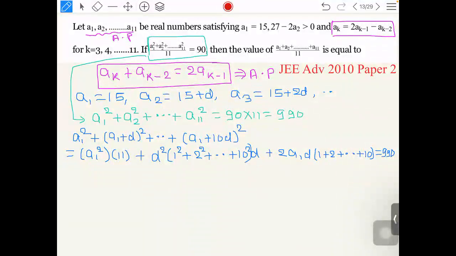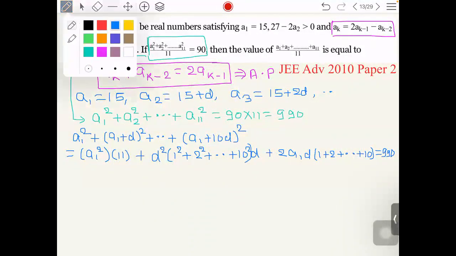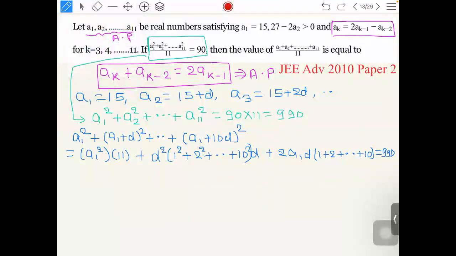Since we know that a1 is equal to 15, place this value here. So 11 into 15 square means 225, plus d square into (1 square plus 2 square up to 10 square), which becomes 10 into 11 into 21 by 6.